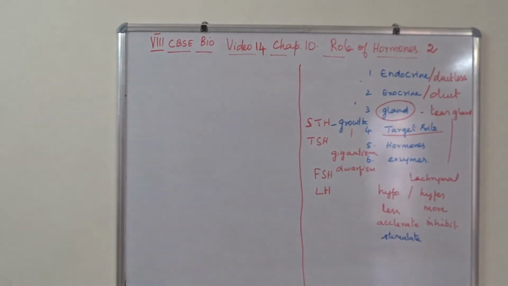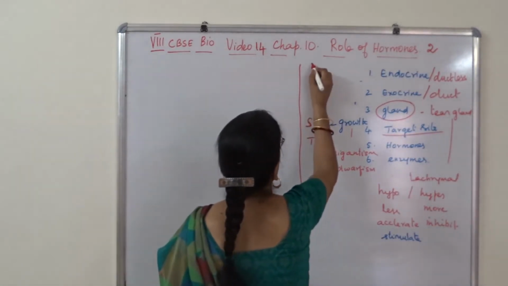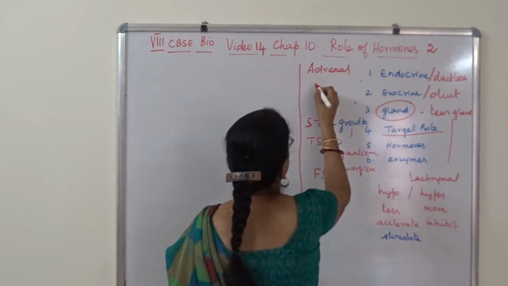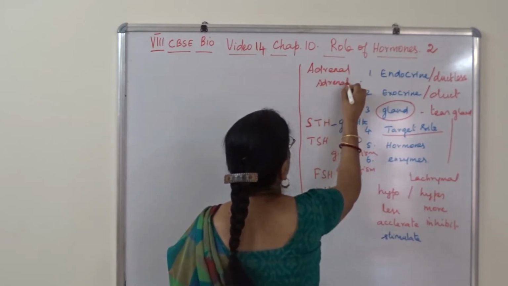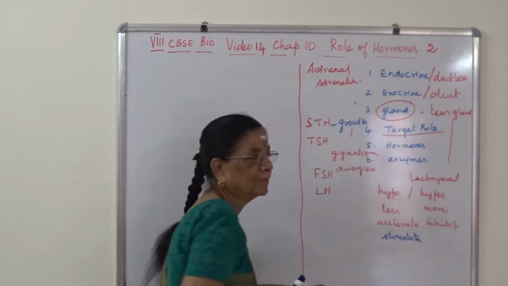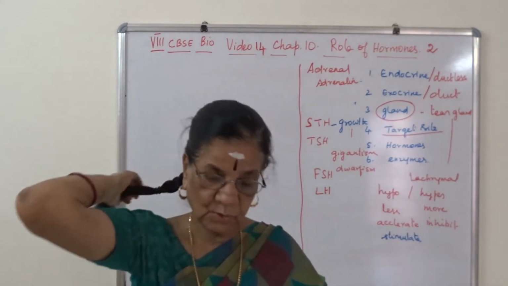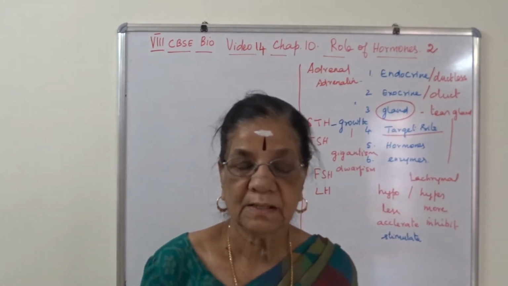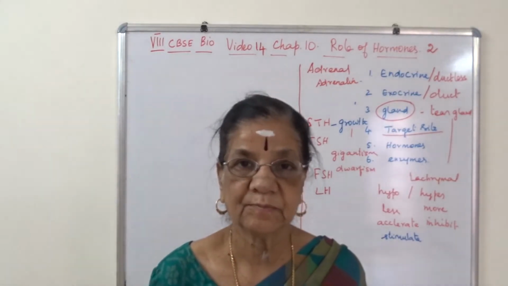The adrenal gland is present above the kidney, secreting the hormone adrenaline.